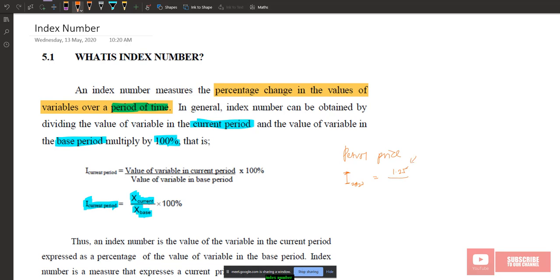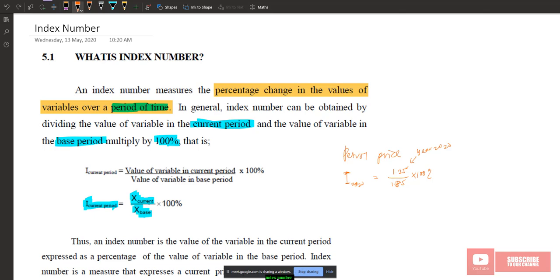This is for the current period, the price for year 2020, and we want to compare it with the price for year 2019. Let's say 2019 is 1 ringgit 85 cent, for example. So we need to multiply by 100%. This is how we calculate the index number for petrol price, year 2020.